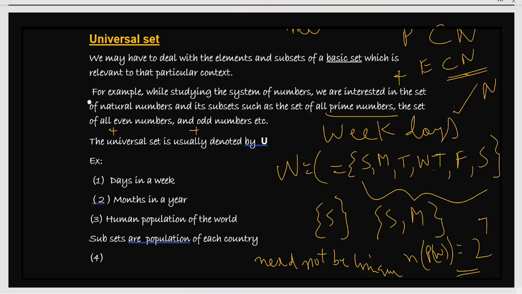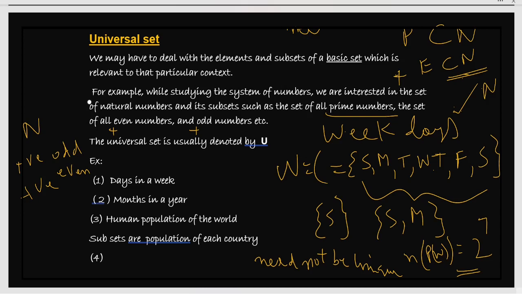So the natural numbers N is the universal set for all these descriptions. In this context, the universal set is N, and the sets of positive odd and positive even numbers are subsets of N.